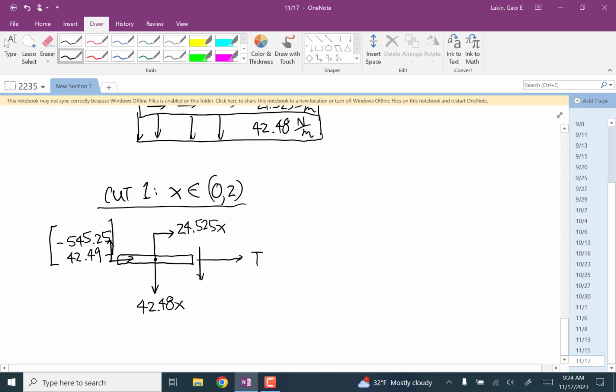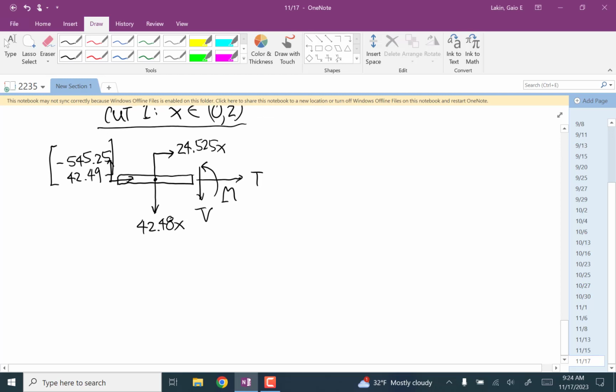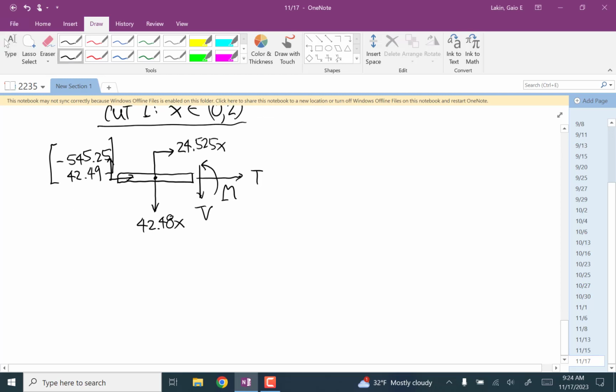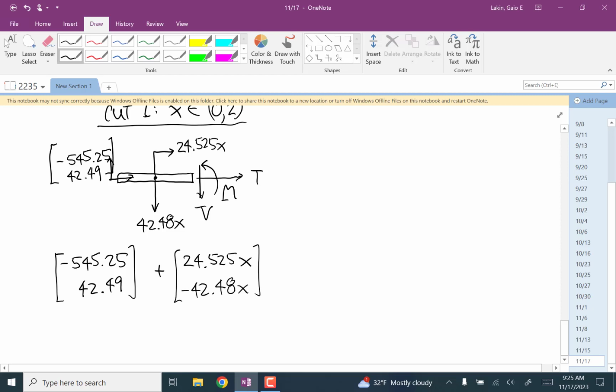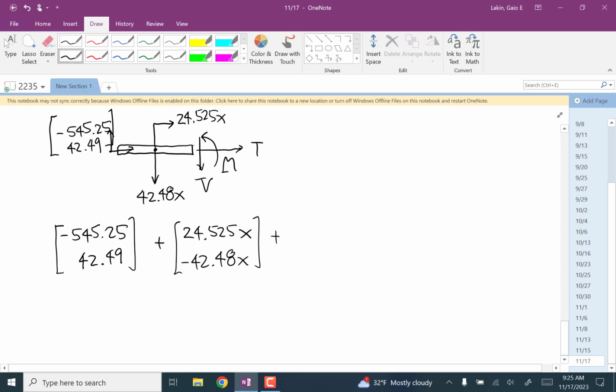And then we have the internal loads. Newton's second law says negative 545.25, 42.49 plus 24.525x, negative 42.48x plus T, negative V is zero.